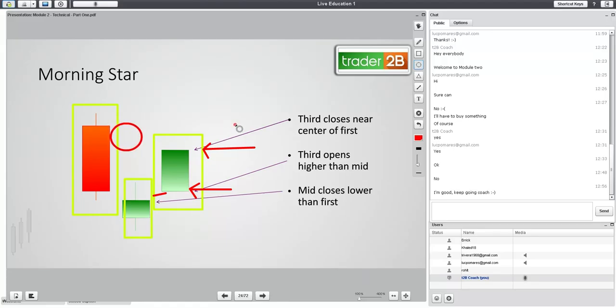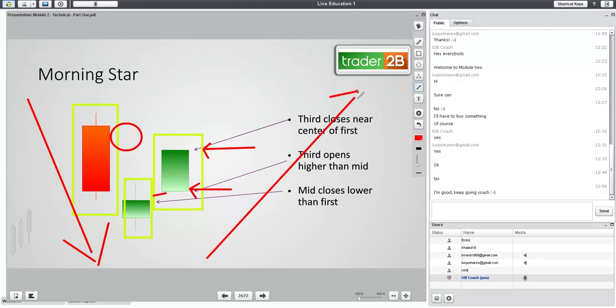That's the most important takeaway. And again, as I mentioned earlier, this is a very strong signal that the price action went down and is now ready to reverse and go back up higher.